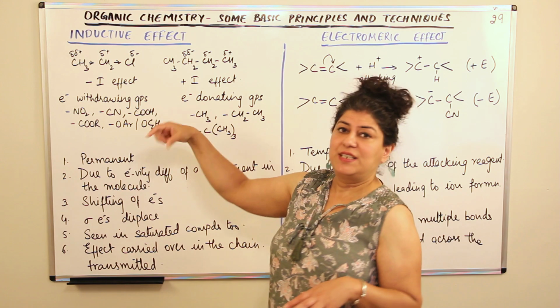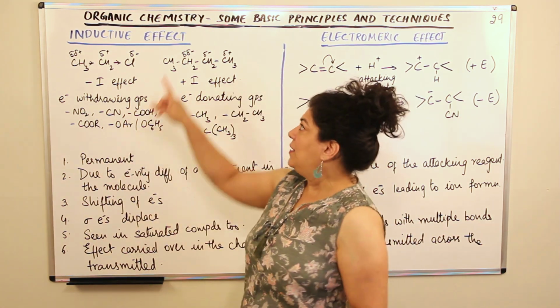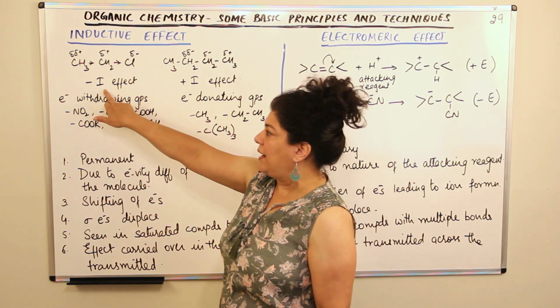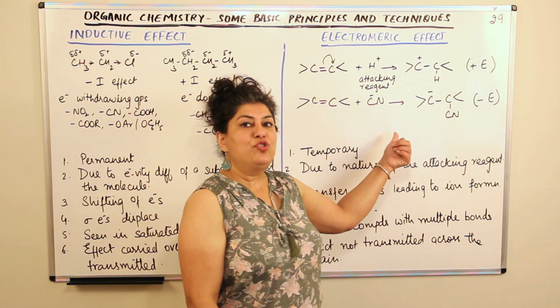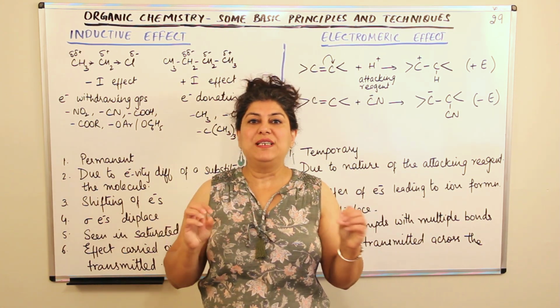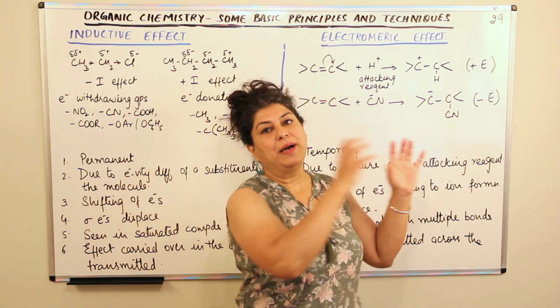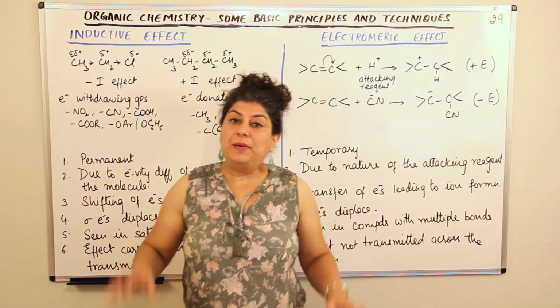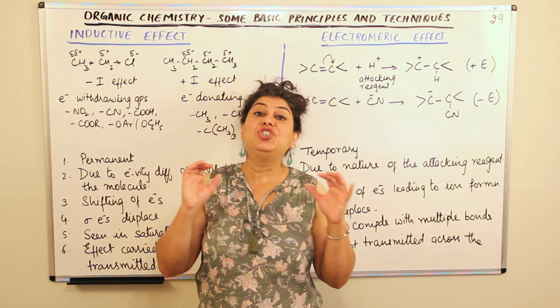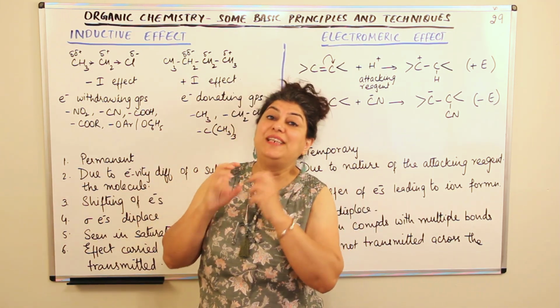Both inductive effect and electromeric effect are plus and minus. Inductive effect is represented by I, the alphabet I, and electromeric effect is represented by the alphabet E. And in both of these we see plus I, minus I effect, plus E and minus E effects. The plus and minus is not for the charges. The plus and minus is talking about the electron density.